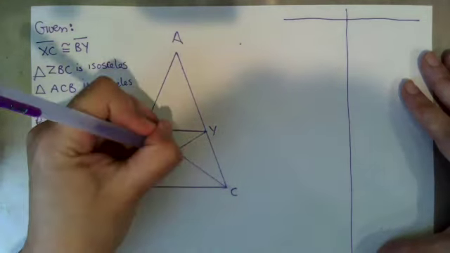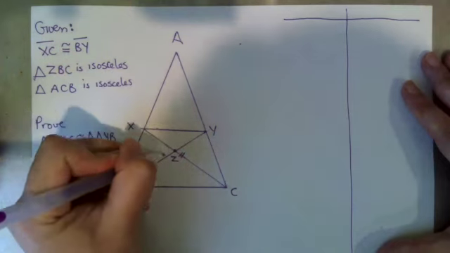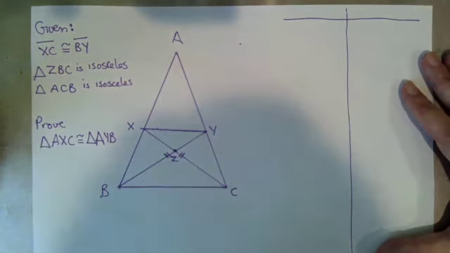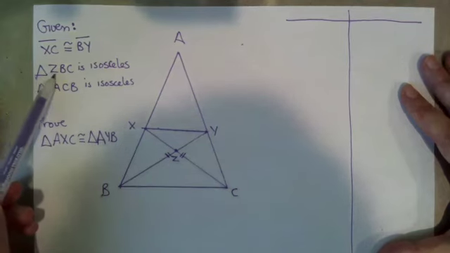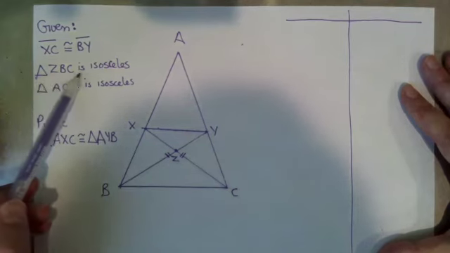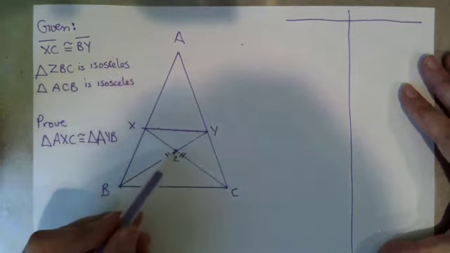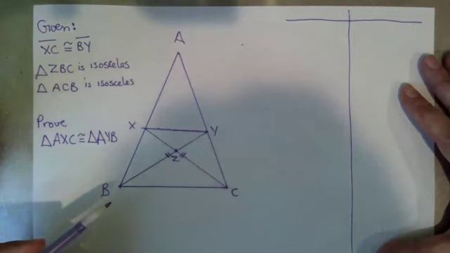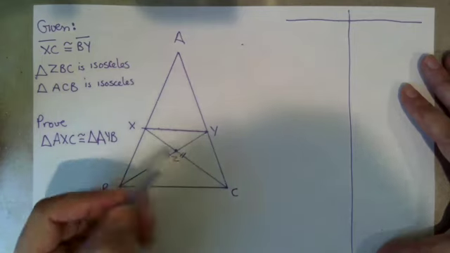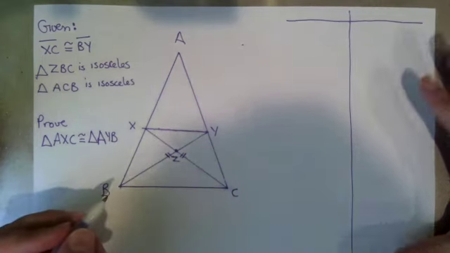Maybe I'm going to mark that up here. Triangle ZBC is isosceles. So isosceles means what?